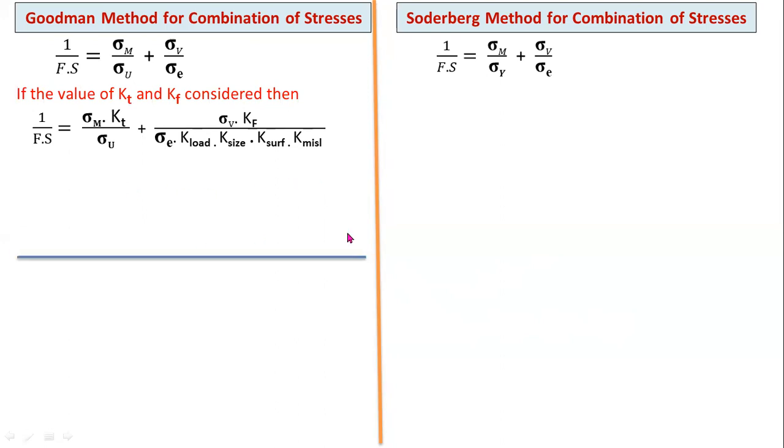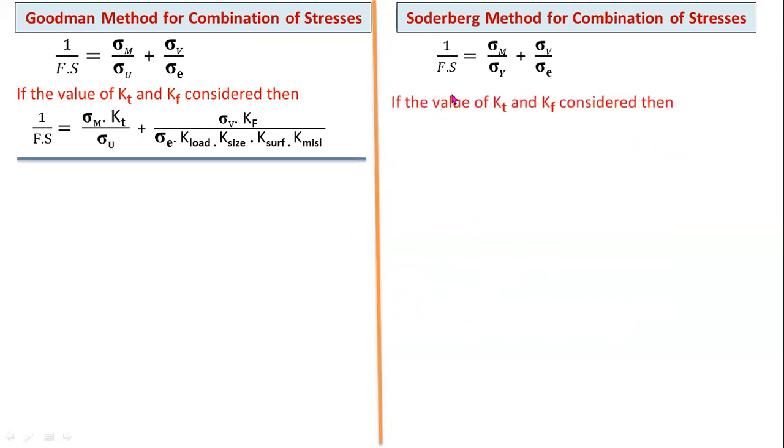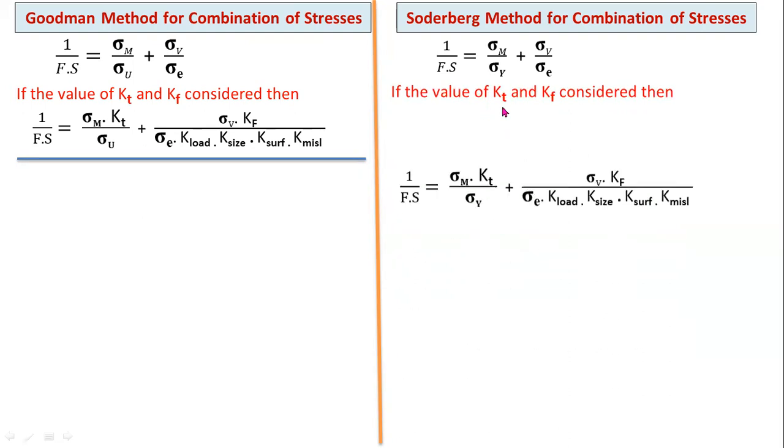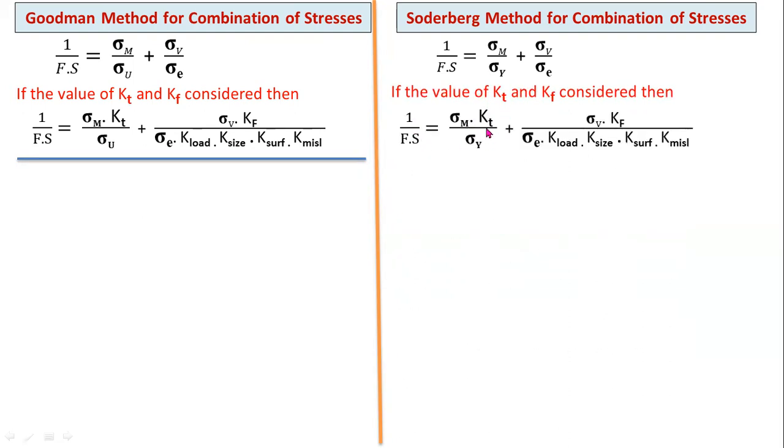In a similar way, for the Soderberg method, 1 by Fs equals sigma m into Kt by sigma y plus sigma v into Kf by sigma e into load factor, size factor, surface finish factor, miscellaneous factor. Here you can observe the main difference between Goodman and Soderberg method is ultimate stress and yield stress.